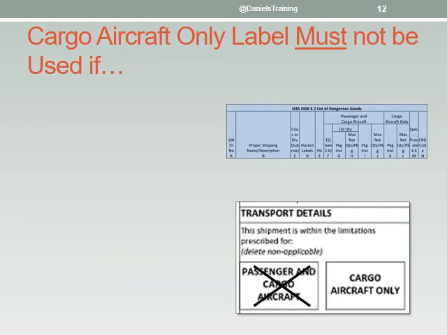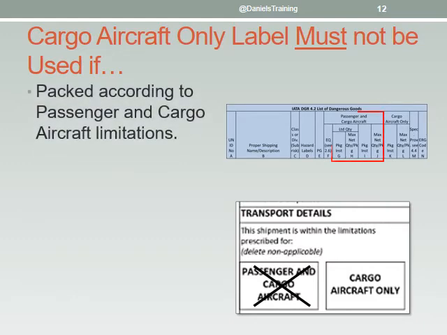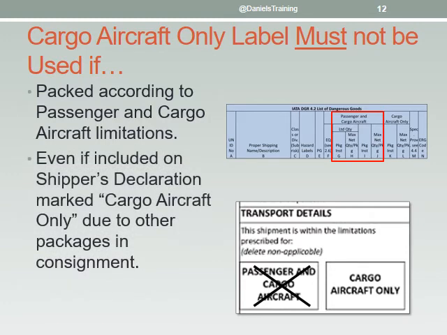Here is a more difficult regulatory compliance issue. Note again the language. Cargo aircraft only label must not be used if the dangerous good is packed according to the passenger and cargo aircraft limitations, even if it's included on a shipper's declaration that is marked cargo aircraft only due to other packages in the consignment.